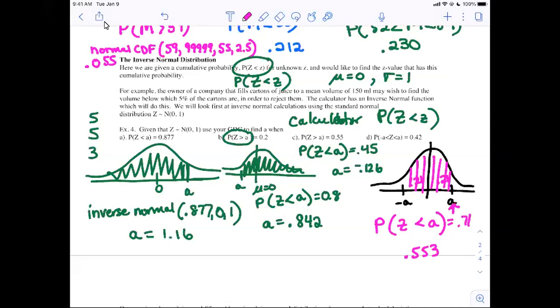To the left of 0 is 0.5, and then I know that's 0.21. So that's the 0.71. Because what I'm trying to find is where A is on that x-axis. I'm not trying to find all of this, I'm trying to find where this is. And this is 0.5 and that's 0.21. And so what the inverse normal on the graphing calculator does is it tells me the location of A on that x-axis. That's what it's telling me.